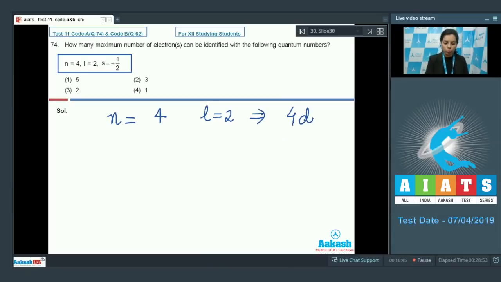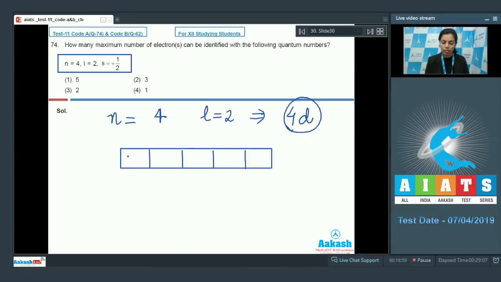In case of the 4d orbital, we know that 5 d orbitals are present, and in this case, there would be 5 electrons which have plus half spin. While the next set of electrons which are anti-parallel to these electrons have the spin quantum number minus half. So with the spin quantum number plus half, n value 4, L value 2, 5 electrons are present. So you'll choose option 1 as your correct answer.